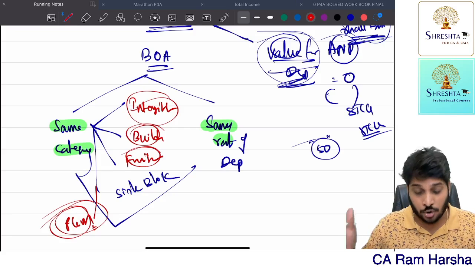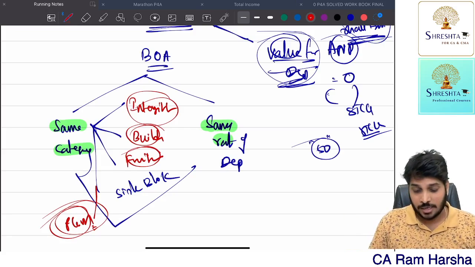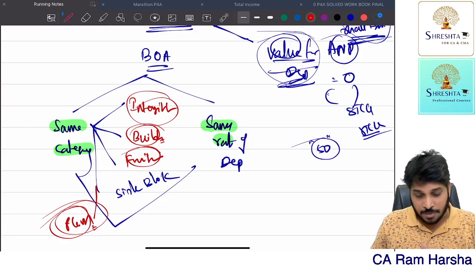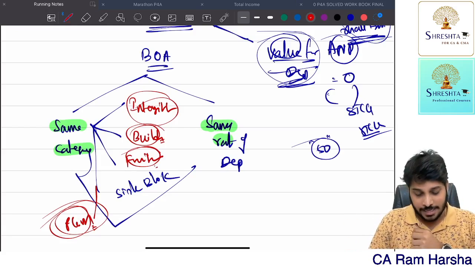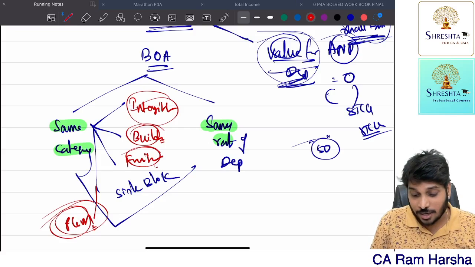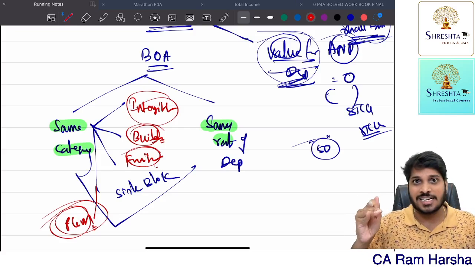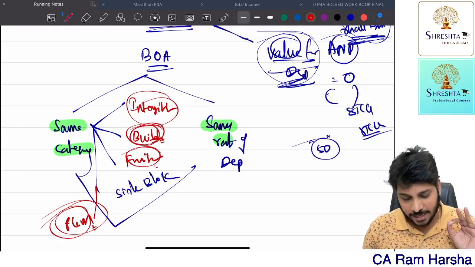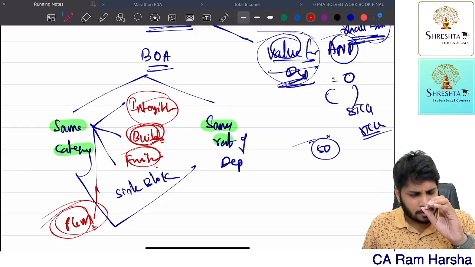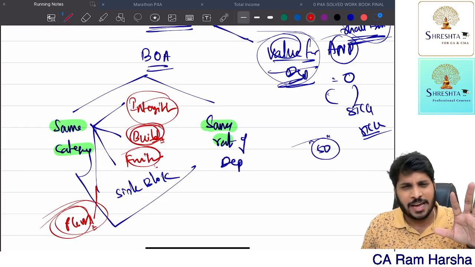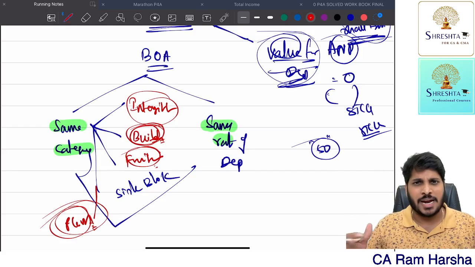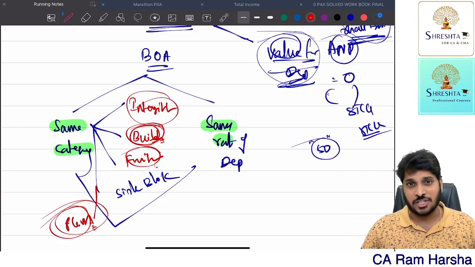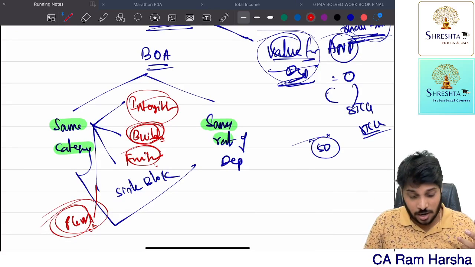You constructed a road, it's plant and machinery. Very simple. Now, you constructed a building, it's a building. Furniture means furniture. Sorry, roads and all come under building. All immovable structures come under the buildings category. So mobiles, laptops, mic sets, touchpads, iPad, air conditioners, books, all that comes under plant and machinery.